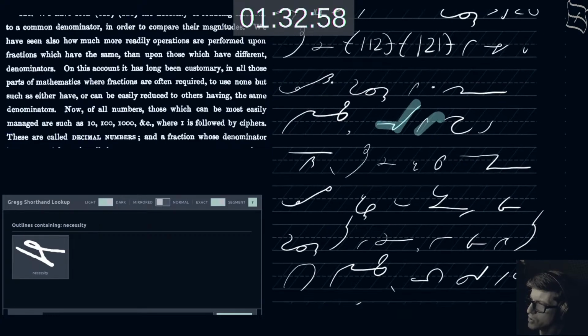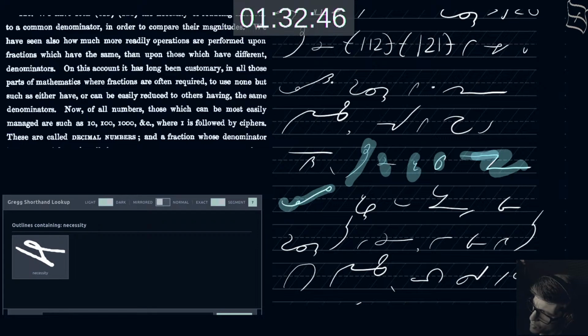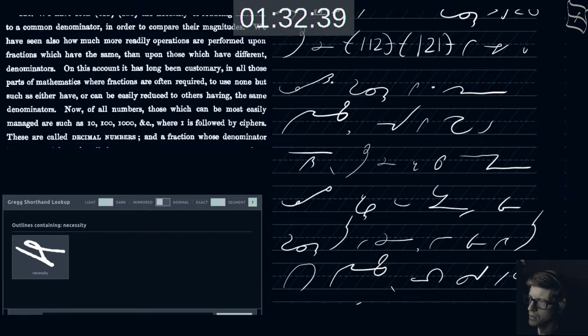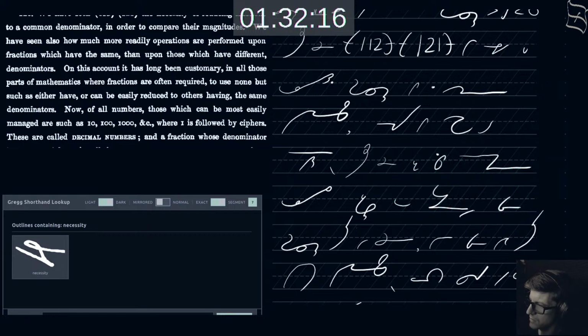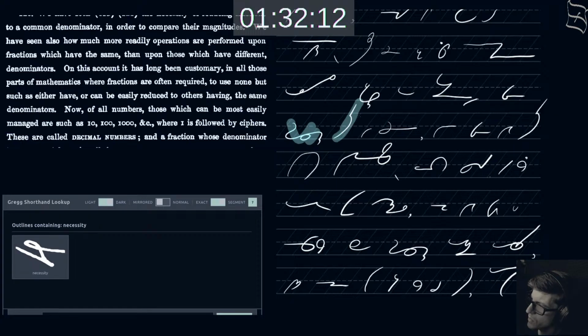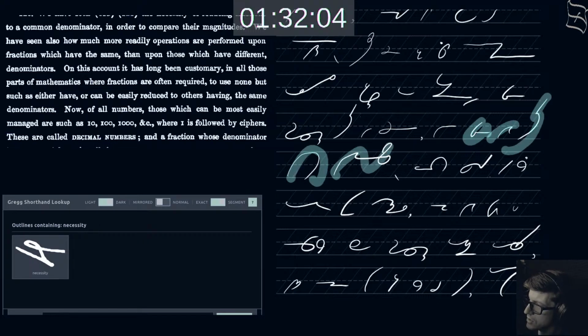in order to compare the magnitudes. We have seen also how much more readily operations are performed upon fractions which have the same than upon those which have different denominators.